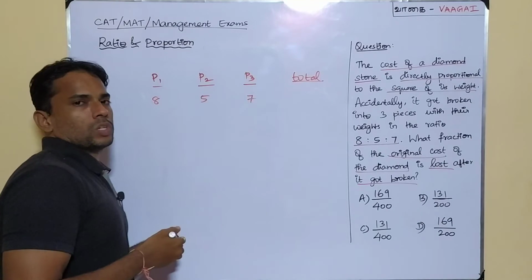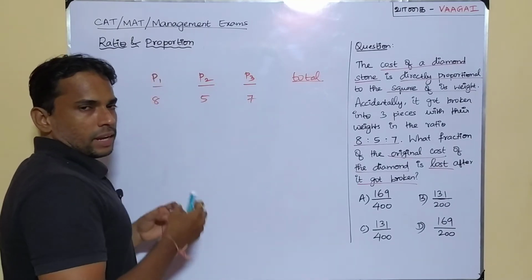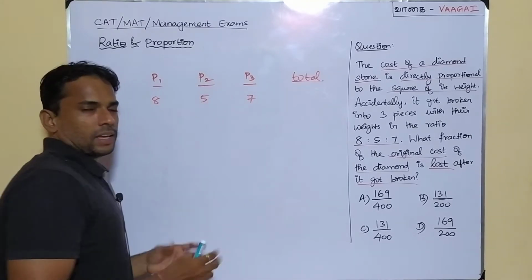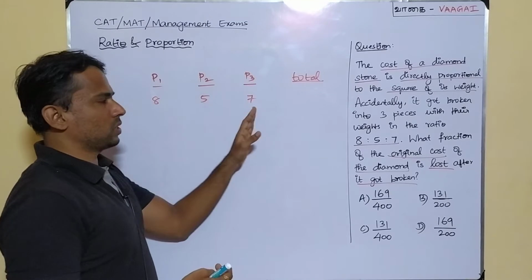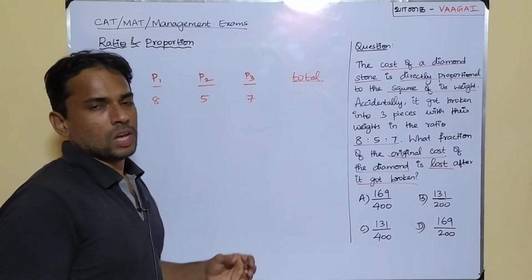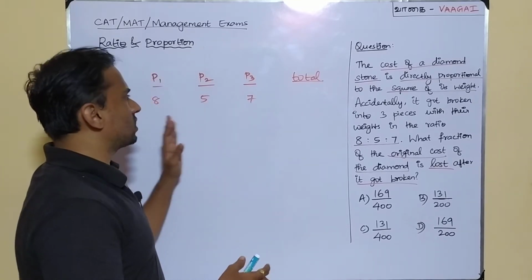Once broken, the ratio of the weights is given to be 8:5:7. It can be 8 grams, 5 grams or 7 grams, or it can be 80 grams, 50 grams or 70 grams, whatever it is. It can be any number or any units, but they all stand for weight only.